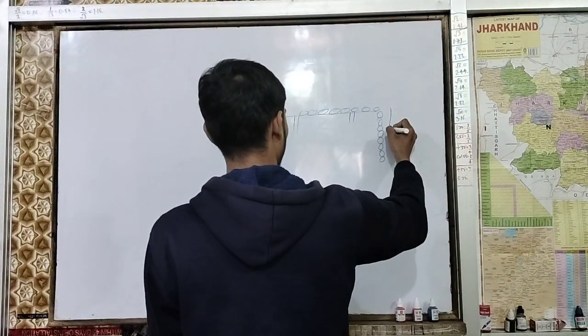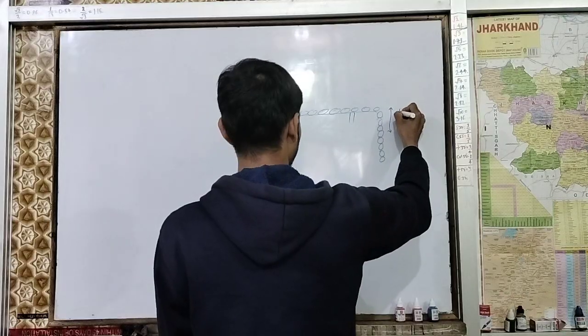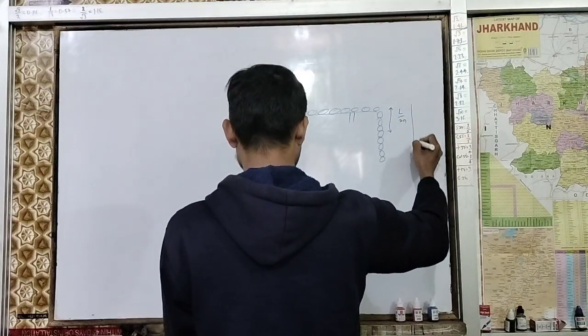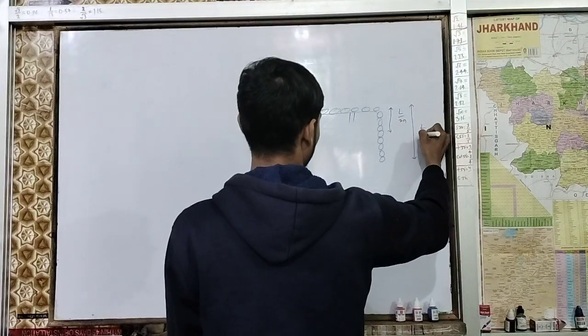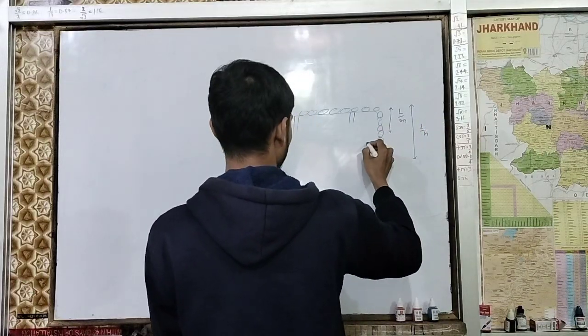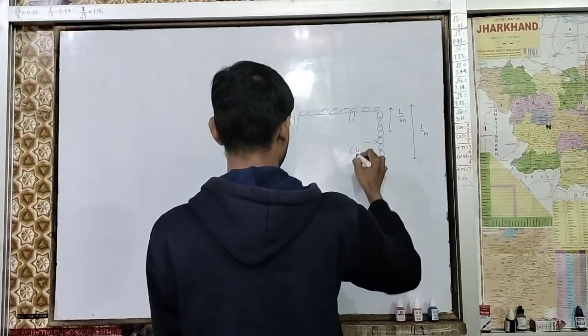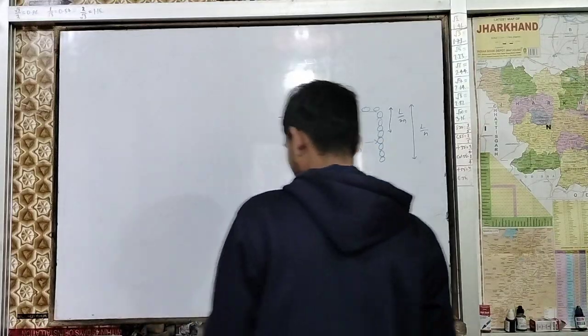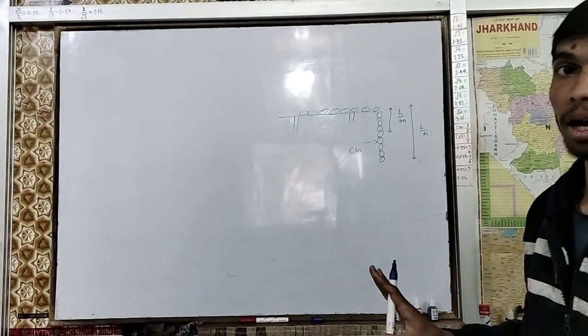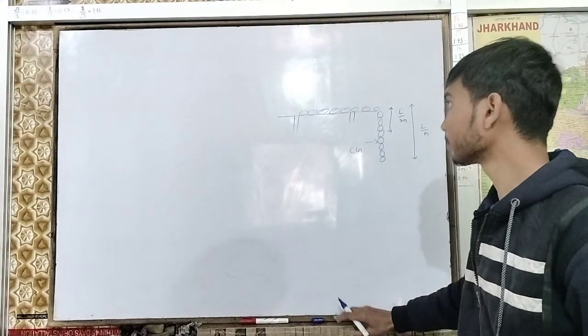This is a small length, which is L upon 2n, and this complete length is L upon n, and this is the CG. Try to understand. This is a figure where we have a chain and a table.